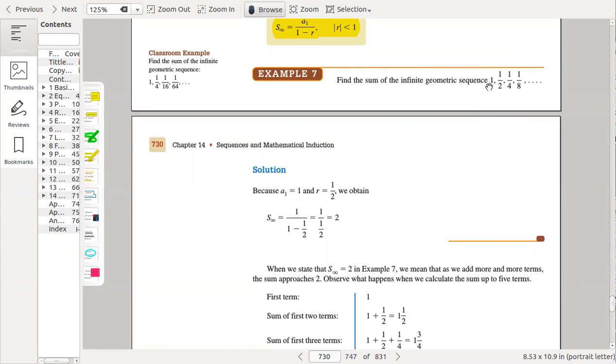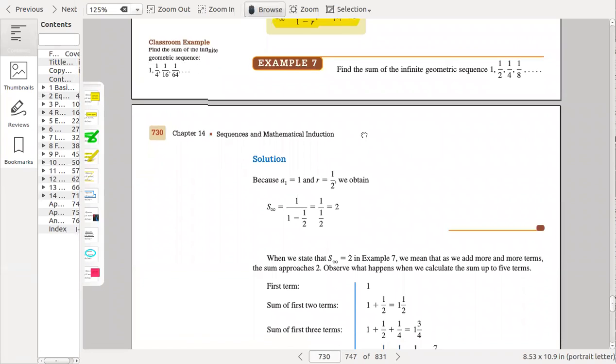If we multiply 1 with 1 by 2, we have 1 by 2, and multiplying the second term with 1 by 2, we have 1 by 4, and multiplying the third term with 1 by 2, we have 1 by 8, and so on. That's why we can say that this is a geometric sequence.